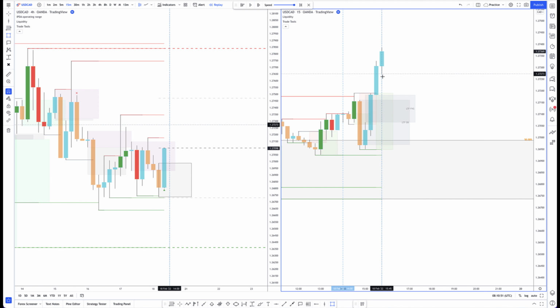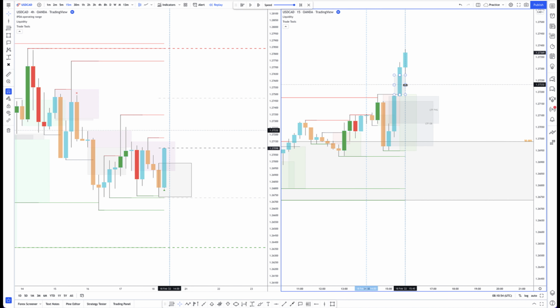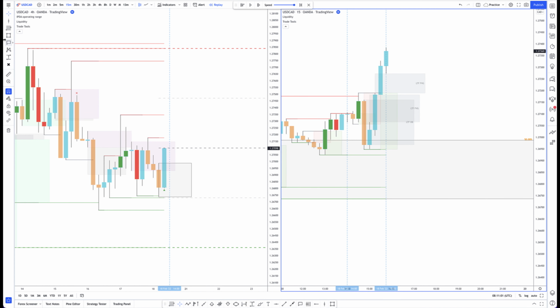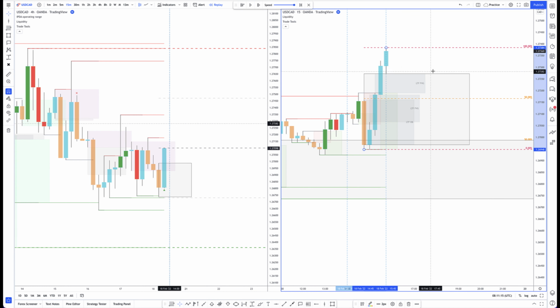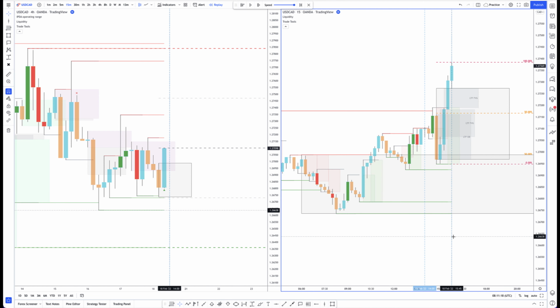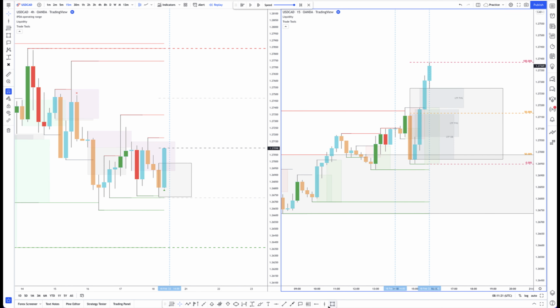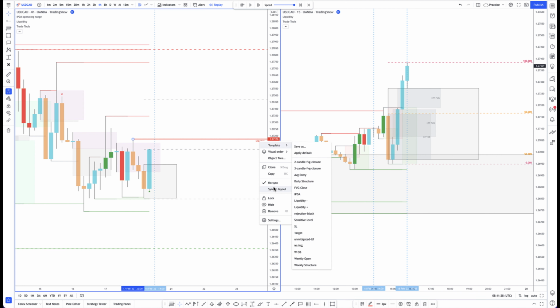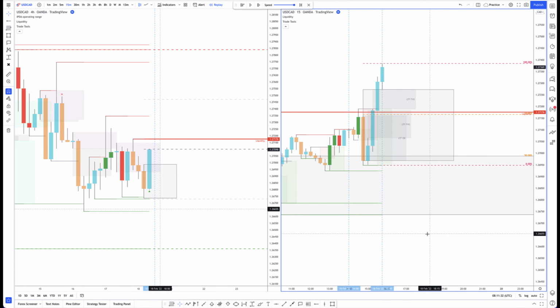Oh boy, look at this price action. Interesting.